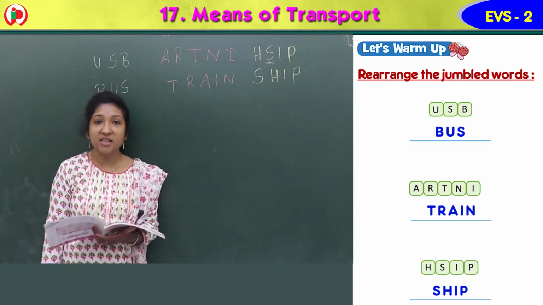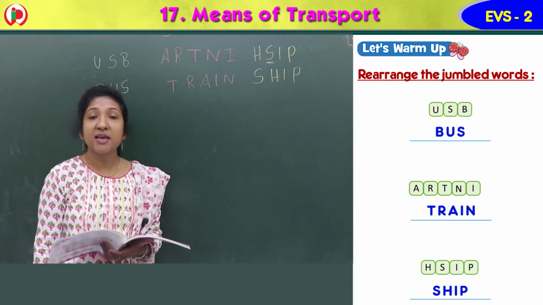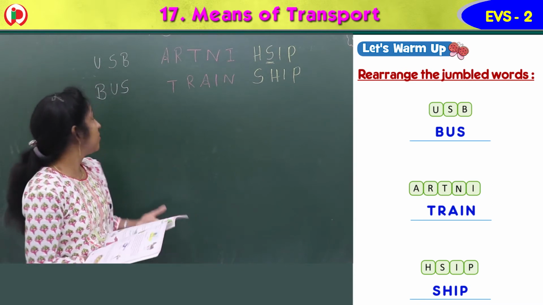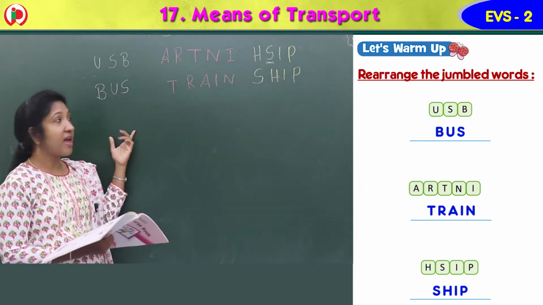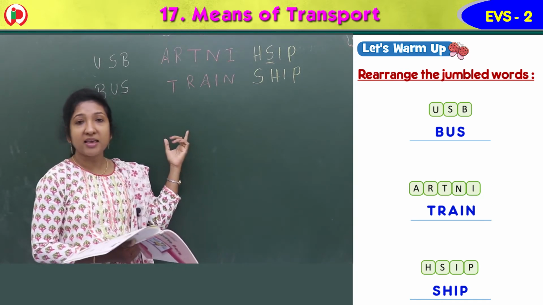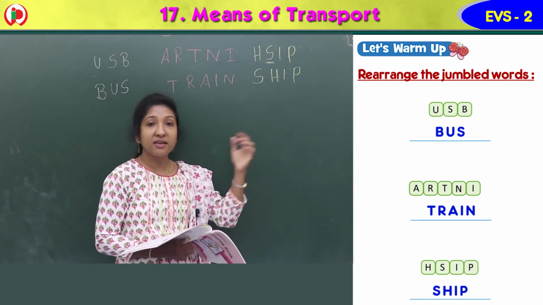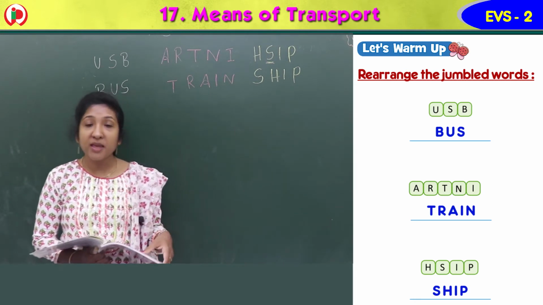A water transport, ship. S-H-I-P, ship. So the first one was bus, B-U-S. The second one, train, T-R-A-I-N. And the third one, ship, S-H-I-P.